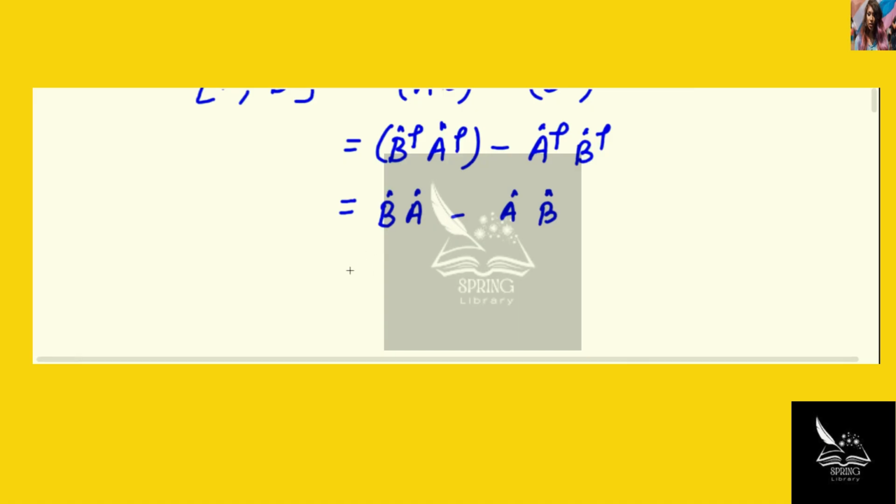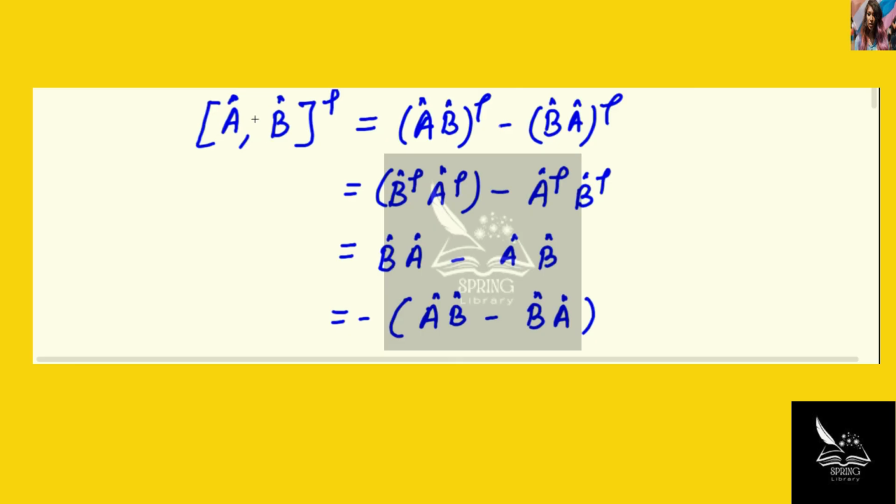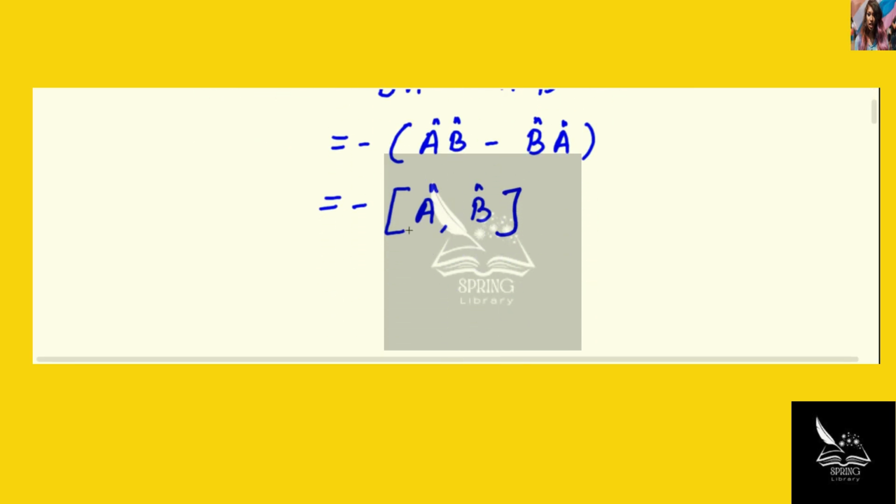If I take a minus sign out, it is minus the commutator of A and B. Because the dagger of the commutator is equal to minus the commutator, the commutator of A and B is skew Hermitian.